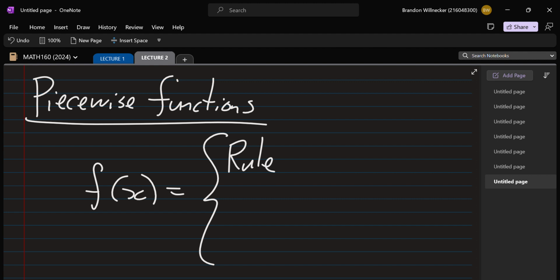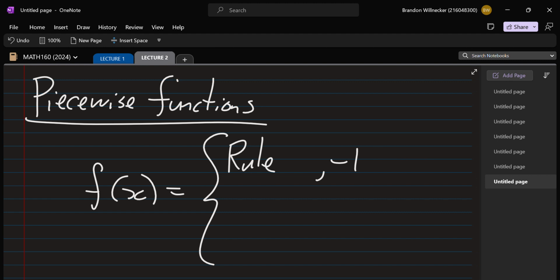So when you talk about subdomain, what do you mean? That's this bit here. So let's say we go from minus 1 less than x less than 1. That's this subdomain. Because at the end, when we find the domain, we take the union of all of the smaller ones, and that gives us the big one.